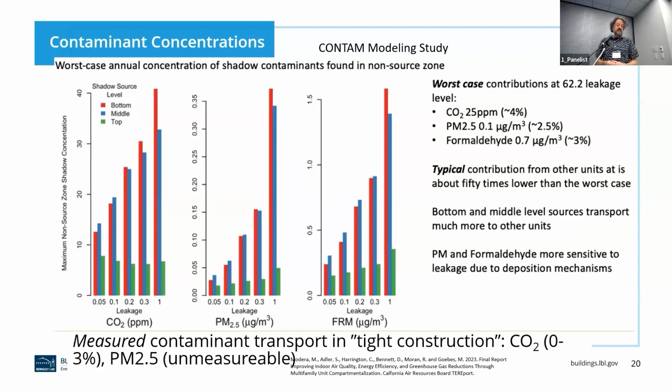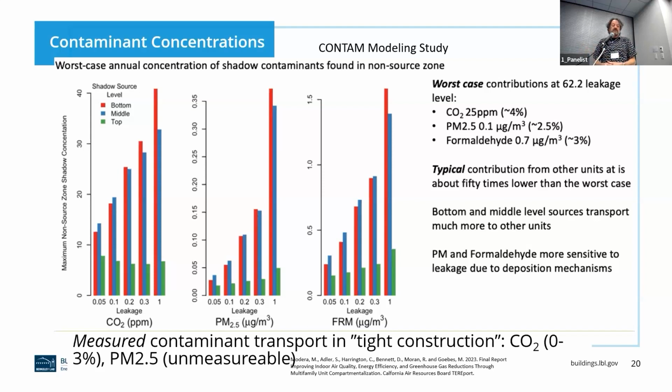But you can see that, as I noted here, this is the worst case. And we looked at the worst case just because we were interested in disambiguating between the different leakage levels and so on. And in the worst case, at the 62.2 leakage level, I gave some results here for about how much transport we're talking about.